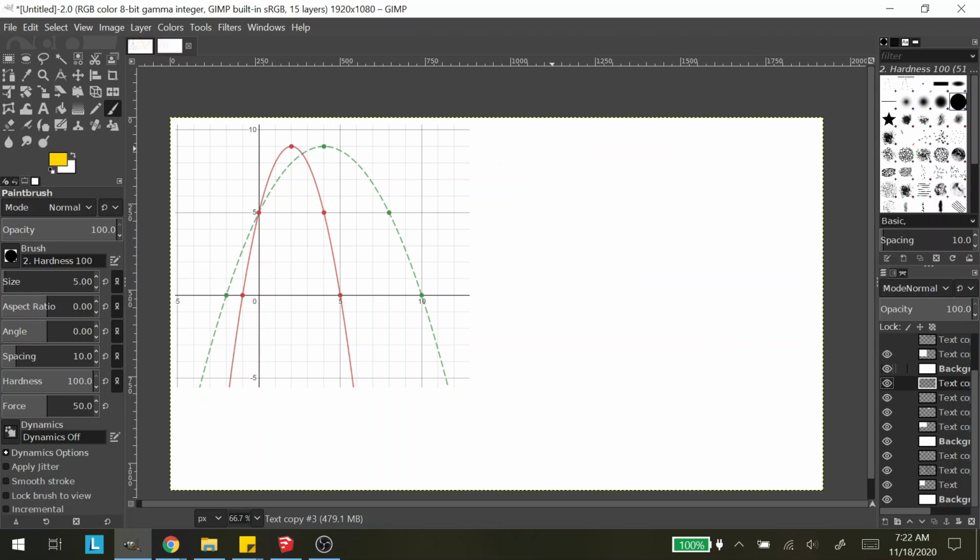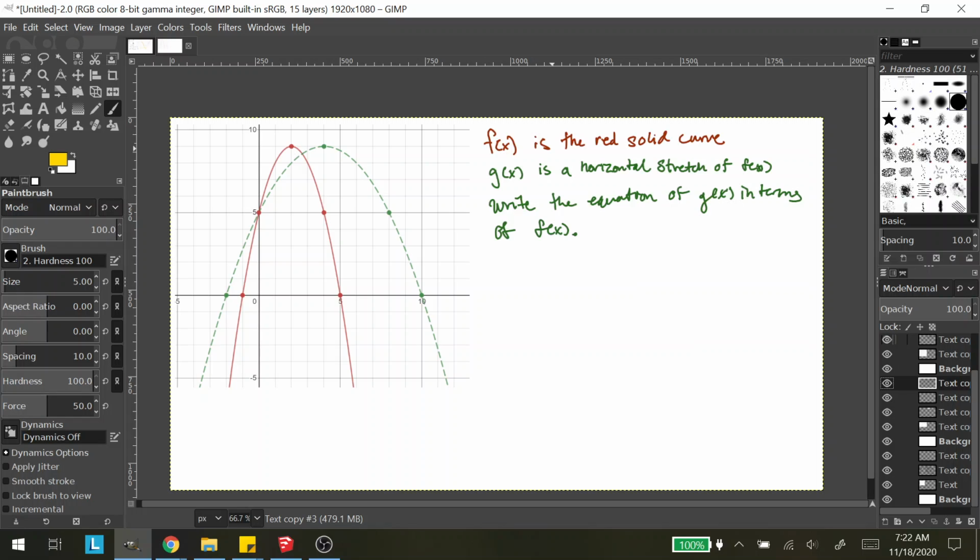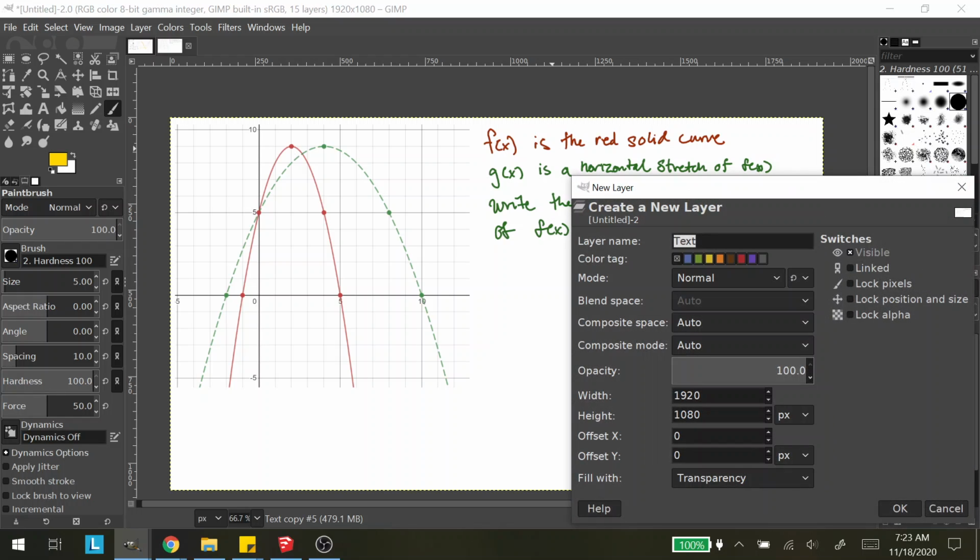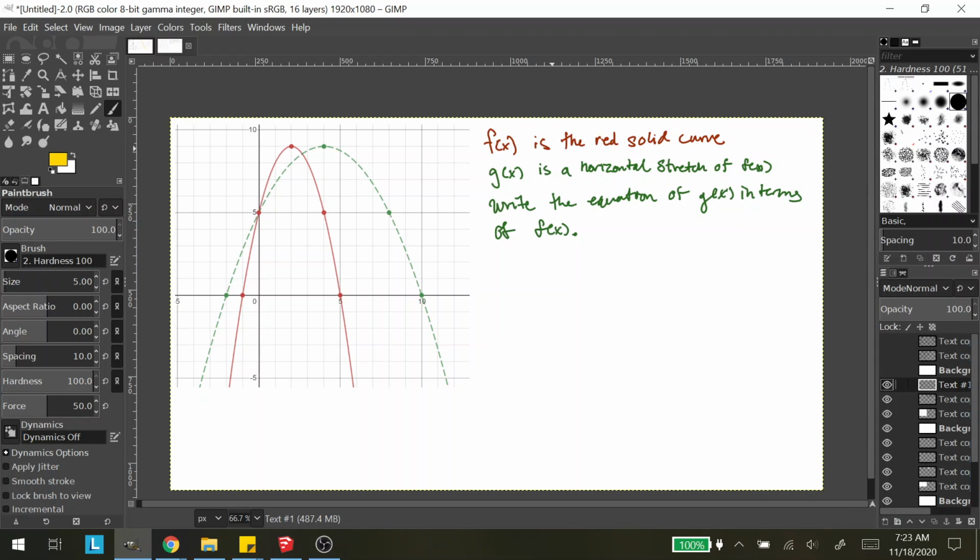All right, this one, they want us to be able to write: f of x is your solid curve, so that's our red curve. G of x is a horizontal stretch of f of x. Write the equation of g of x in terms of f of x.